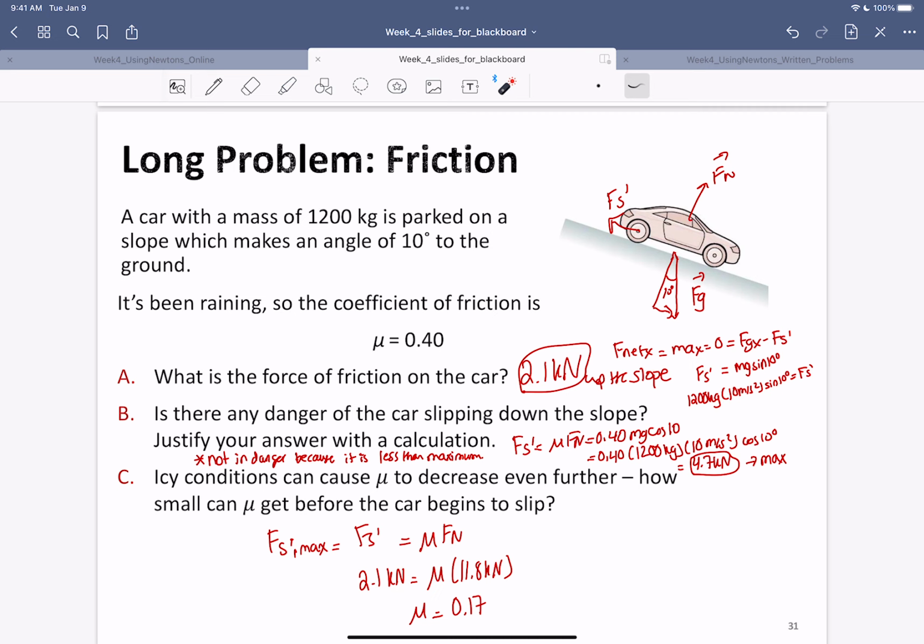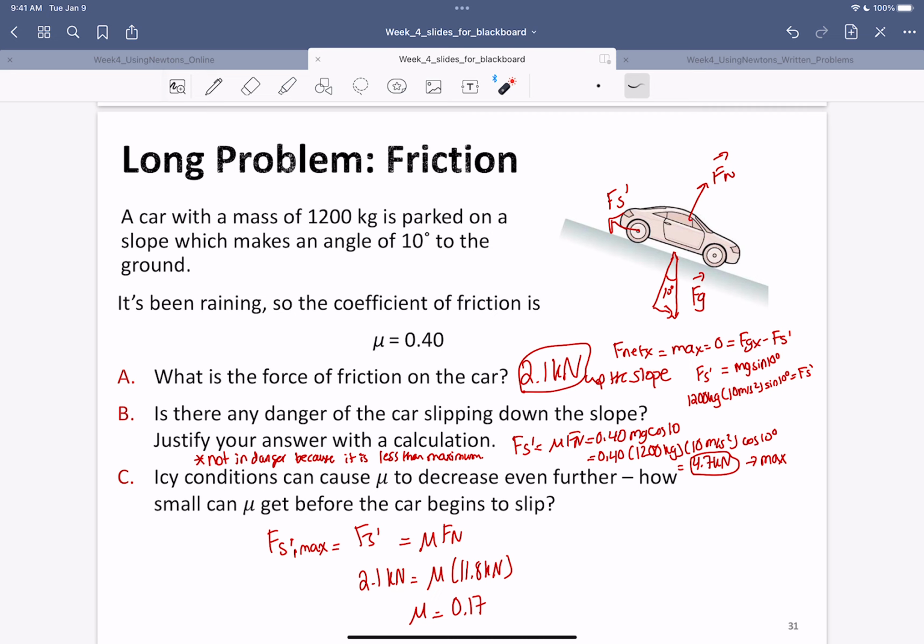That's what was calculated. But now the condition of the road itself, which is a property of the road, is not a value that we can calculate in terms of being at a maximum or a minimum. Mu is just a property of the road itself. Let's say it's a chemical property or something like that, unique to the condition of the road. So if that mu decreases and we know the maximum was 2 kilonewtons based on part A, then how low can mu get before we start to slip?